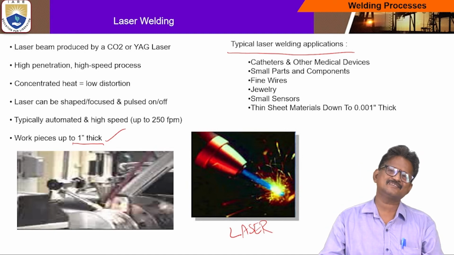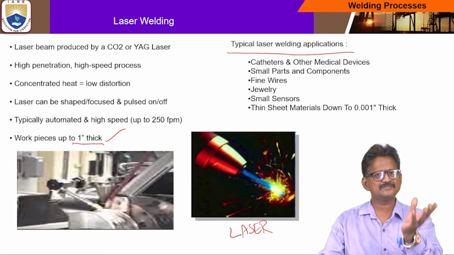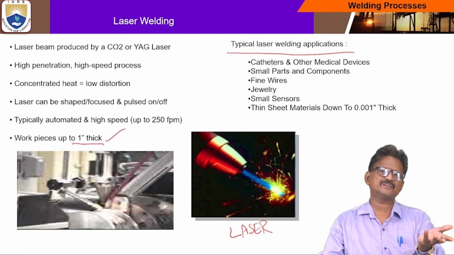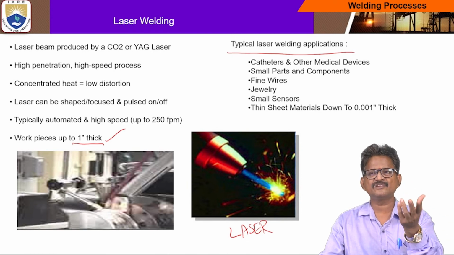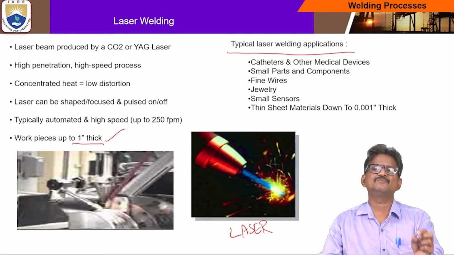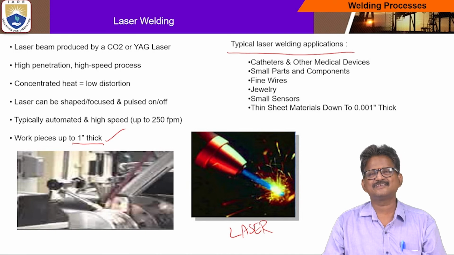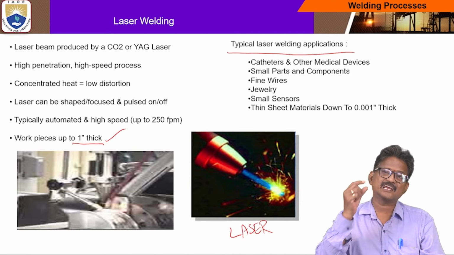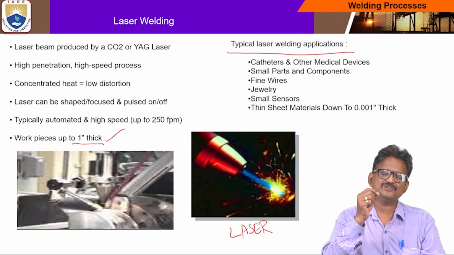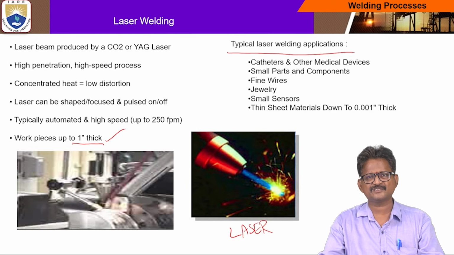In all welding processes the principle is the same: any welding process joins similar or dissimilar metals, usually by adding filler. In laser welding there is no filler. Here the high-energy beam is focused on the workpiece, concentrated heat is used, and there is low distortion and no noise while performing this welding.